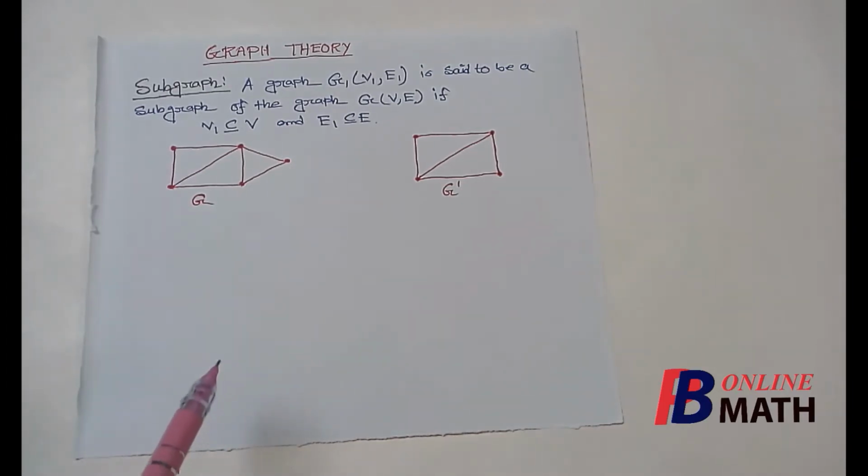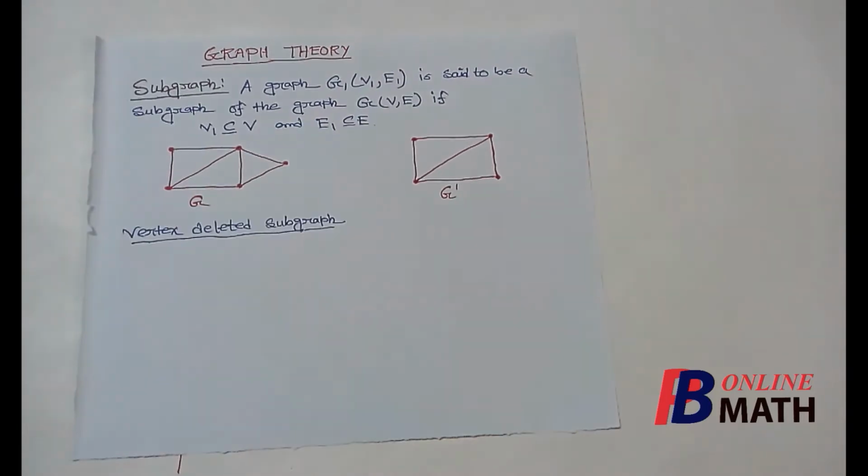We give some examples here. The first one is the vertex deleted subgraph. A subgraph which is obtained by deleting one or more vertices of the graph G is called vertex deleted subgraph.